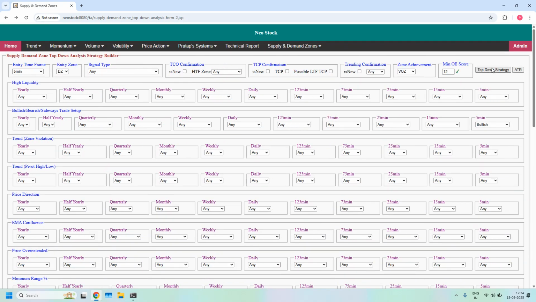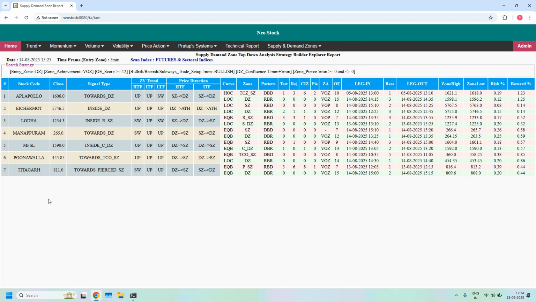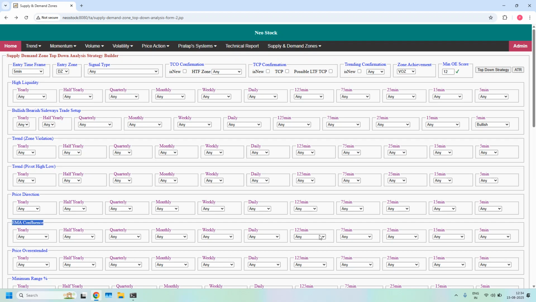By applying the filter, we got all 7 stocks. In all the 7 stocks, these 5 minutes demand zones are overlapped with the 15 minutes demand zone. And 15 minutes trend, ITF trend, is uptrend in all the stocks. Let's further filter based on the 15 minutes demand zone having 15 minutes EMA confluence.